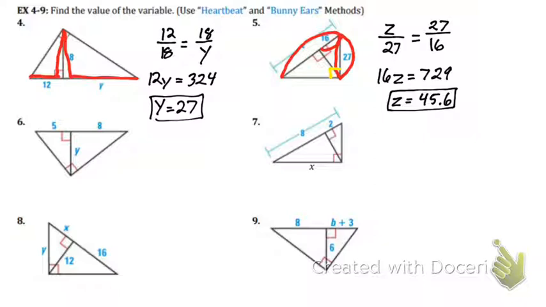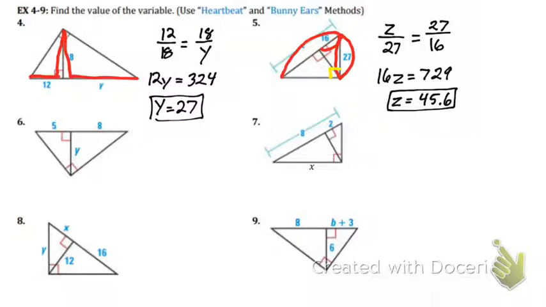Am I wrong? Because I don't have a calculator right now. When you type it in, you should get 45.5625, which if I round it to the tenths place has to be 45.6. I thought when I looked at the 5, I just thought it was a 6. Oh, okay. But we're good? Yeah. Okay, cool.